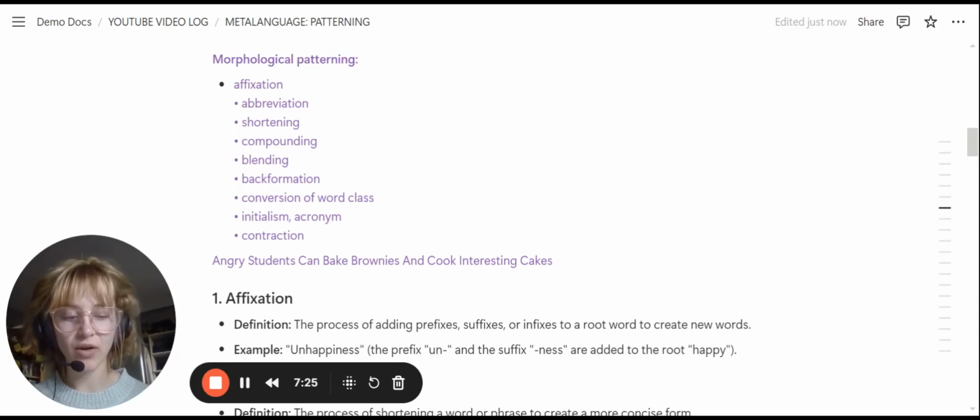However, the point of VCE English Language is not to rote learn morphological patterning. The point of it is to be able to be given a text with a form of morphological patterning and be able to identify what it is.